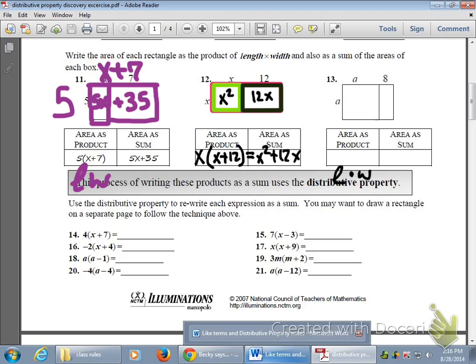What's the length? A. And what's the width? A plus 8. And that means my total area is going to be what? This first one is a squared, and this is 8a. So it's going to be a squared plus 8a. All right?